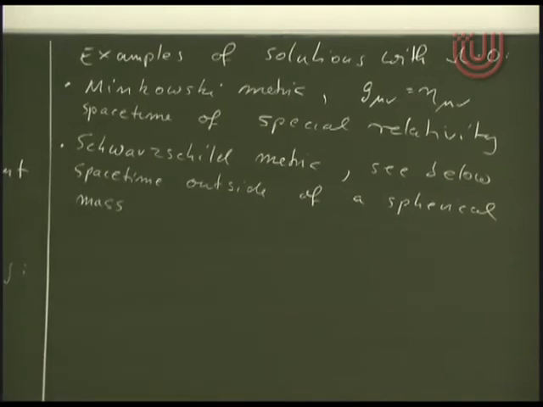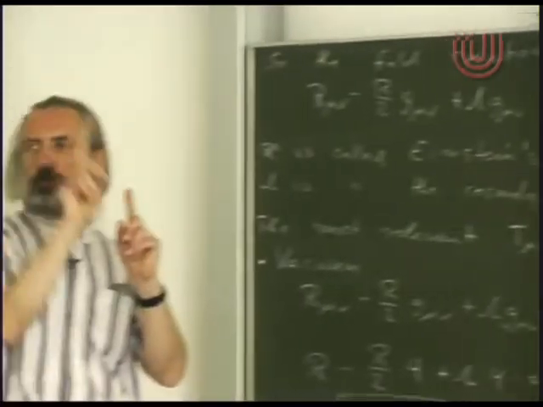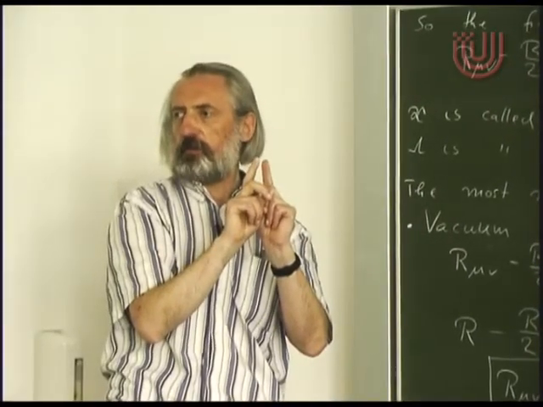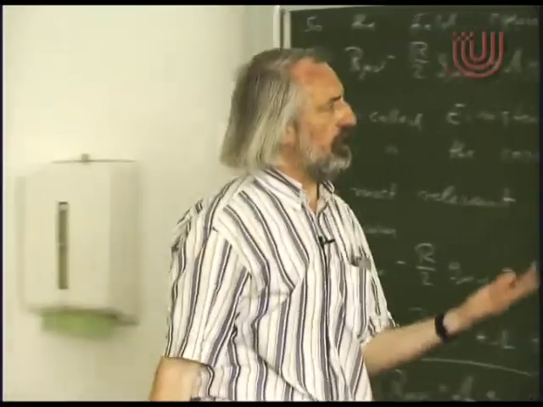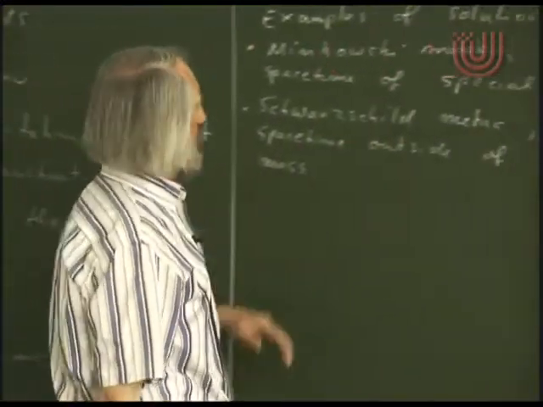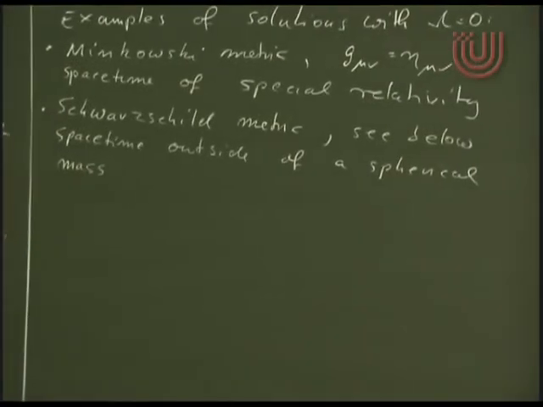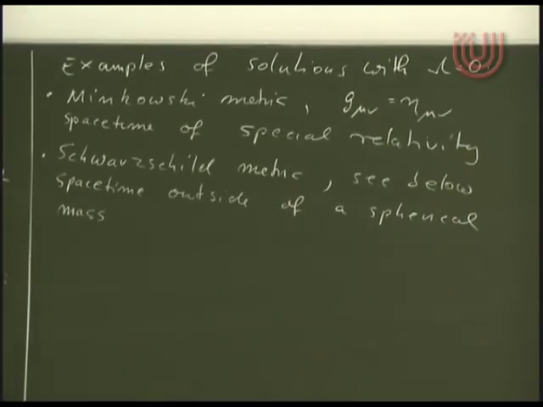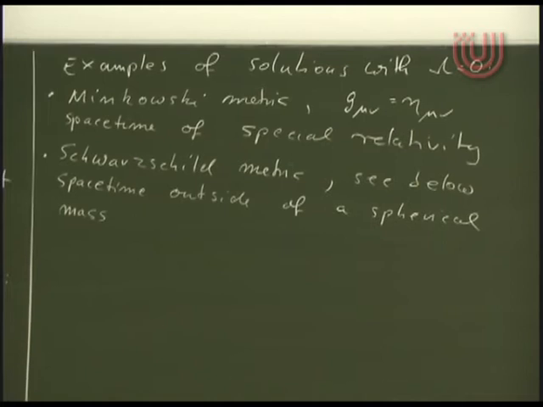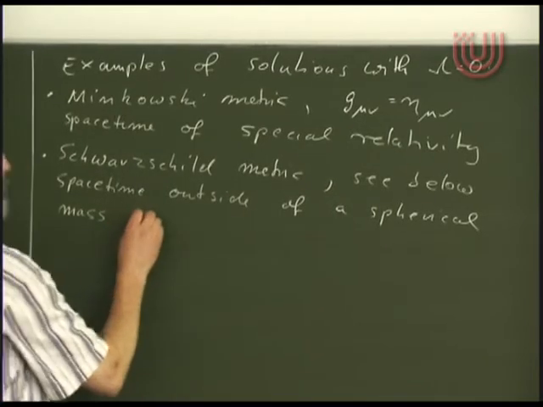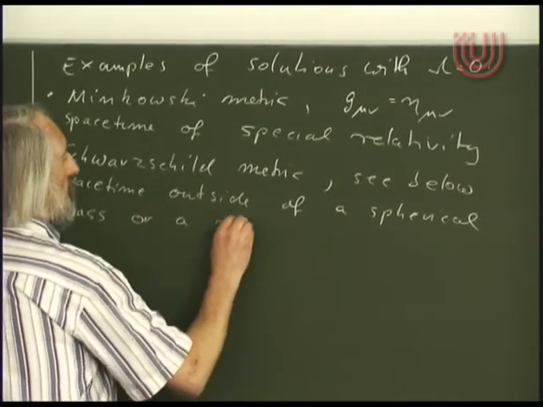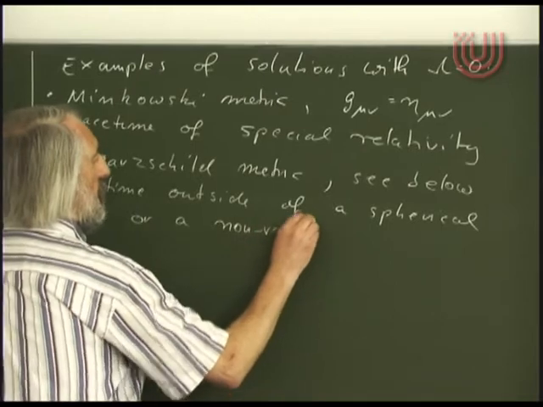Spherical means in particular non-rotating, right? If it would rotate, then the rotation axis would break the spherical symmetry. So the whole thing should really be completely spherically symmetric, so it cannot rotate. So it's a non-rotating mass. And a particularly important example is a black hole, a non-rotating black hole.